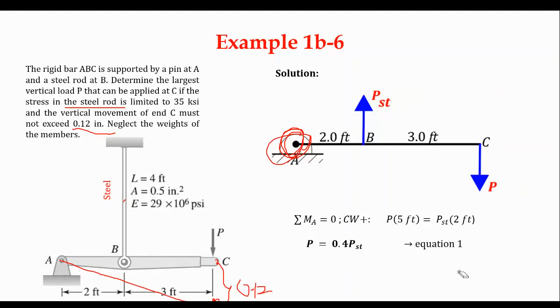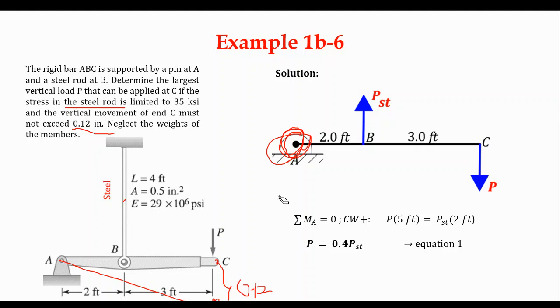So P times 5 is equal to the force in steel times 2. Even if you can't solve any of those, since there's no P value yet, leave it as is, to relate P in terms of the force in steel. So P is just 0.4 of the force in steel.